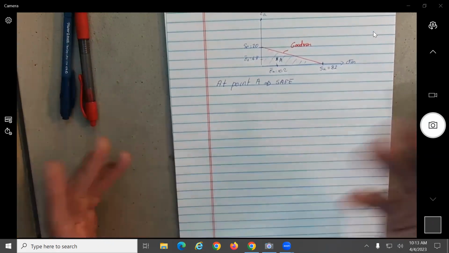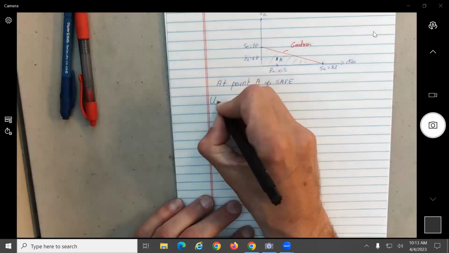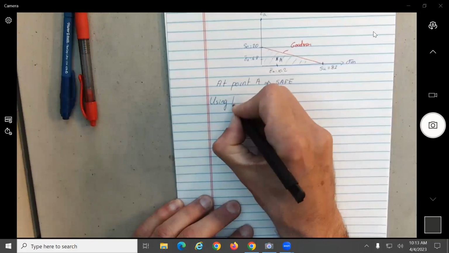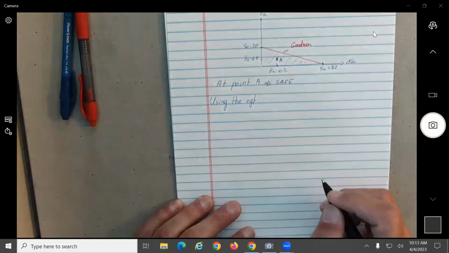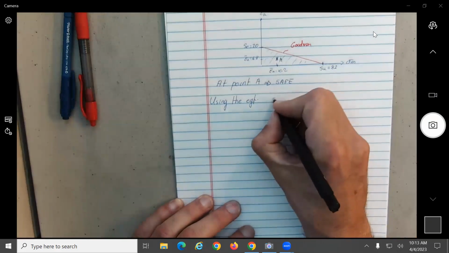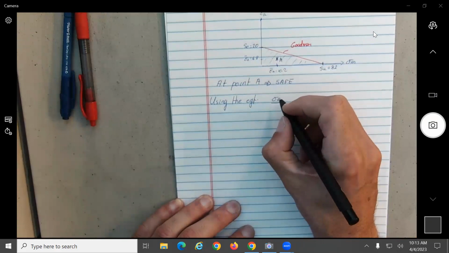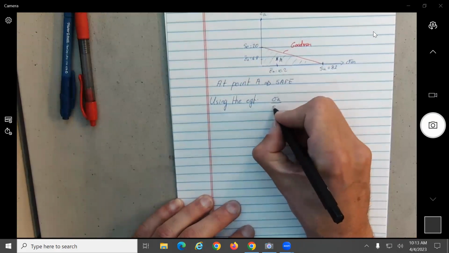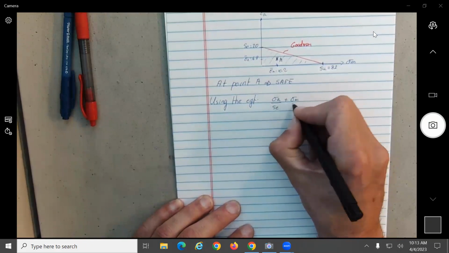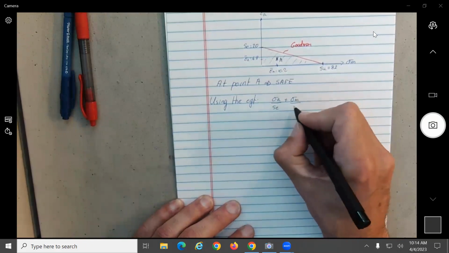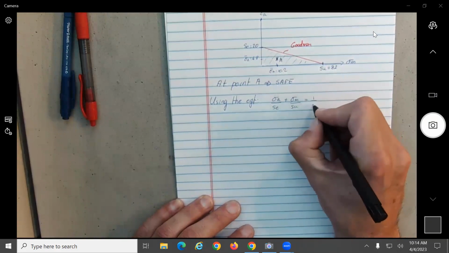Okay, so now, if we use the equation, what was the equation? We had sigma sub A over S endurance plus sigma sub M over S ultimate needs to be equal to 1 over n.